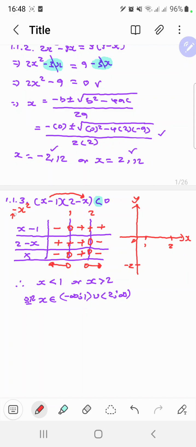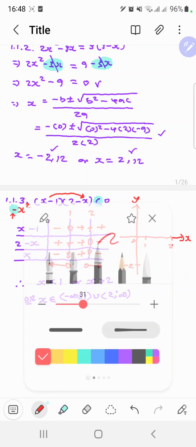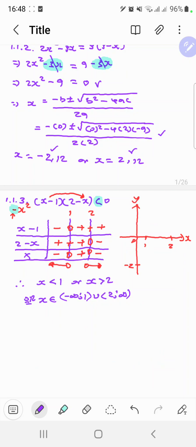But now that sign of a being negative over there already tells us that we have a grumpy face of our parabola. Okay, so this is a parabola that is doing something like this. So it's already doing stuff like that.